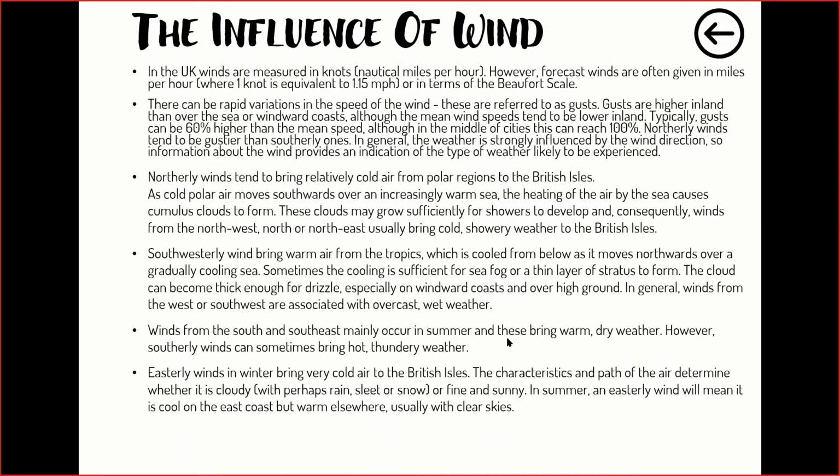South-southeast tend to occur in summer and they tend to be warmer, but that can lead to hot, thundery weather. Easterly winds bring the very cold air to the British Isles, such as the Beast from the East and what we saw in early 2021 in January, February time. So that can have big influences on damage done and on the conditions that we see as well.